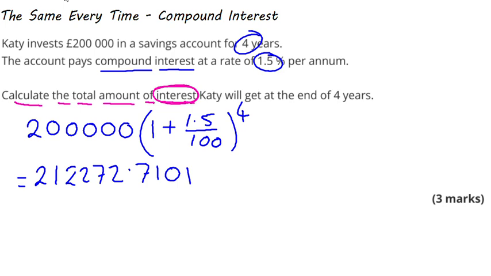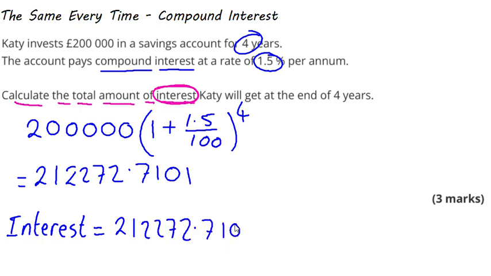So the number we have there from the formula is the total amount. If we only want the interest, then what we have to do is subtract the amount that we started with. The interest is the extra money that she has made in her bank account. So it's going to be 212272.7101 minus the amount we started with, 200,000.